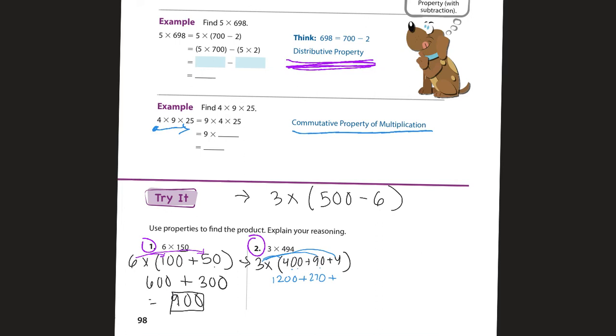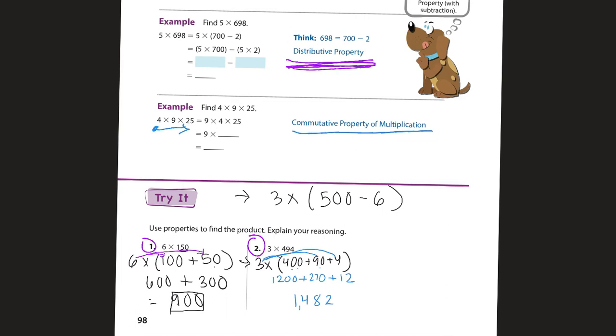So 3 times 4 is 12. And then I add all of those together. I have 2, 8, 4, 1. 1,482.